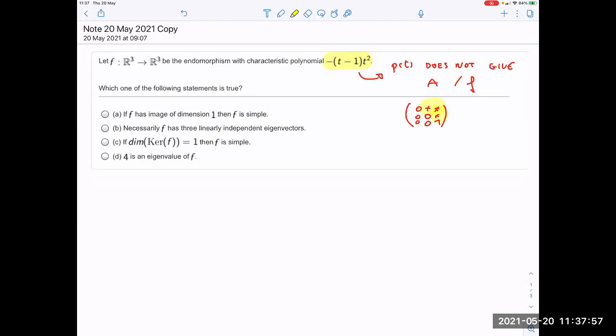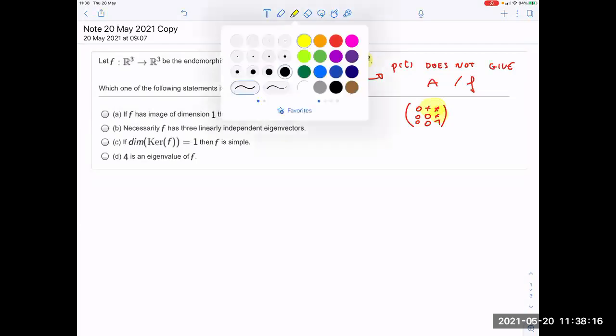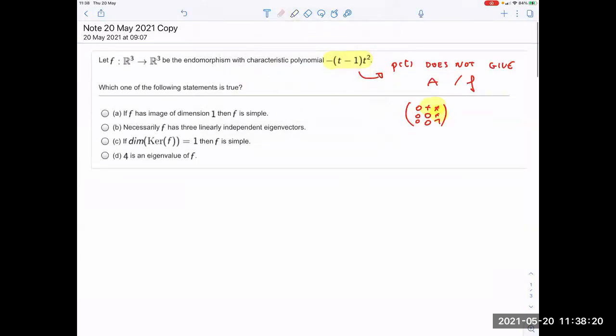So these are examples, and there are many other examples for which the characteristic polynomial is that one. And now you have to find the statement which is true. I suggest we go through each statement one by one and see what we think to be the correct answer. So let's have a look, starting from A.